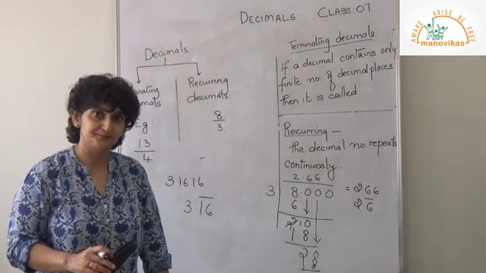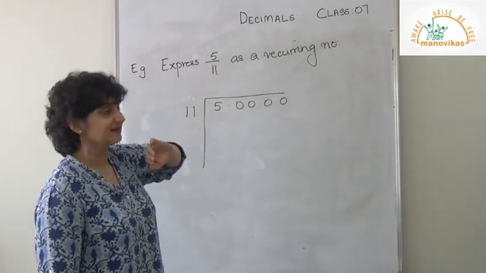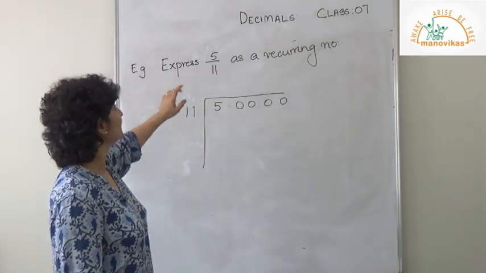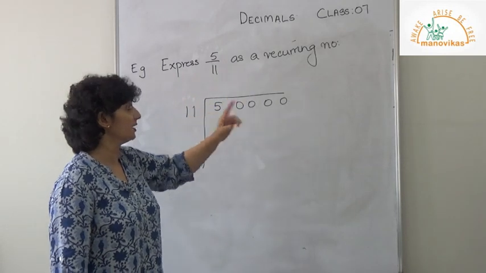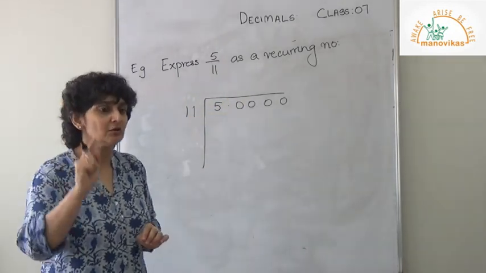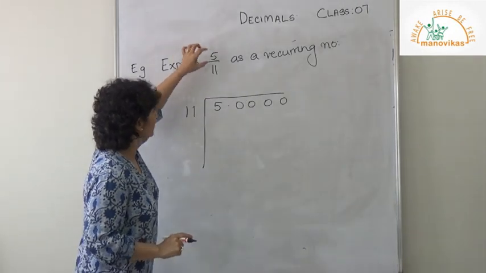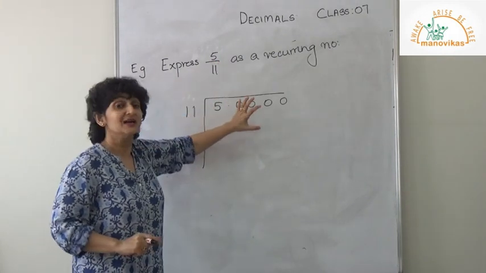I have put the bar on both digits, because I know that this number keeps repeating. Now let me do another example of recurring numbers, because I am sure you have understood finite, terminating numbers. Express 5 upon 11 as a recurring number. Children, please do not make this mistake. Many of you tend to put the smaller number outside and the bigger number inside.